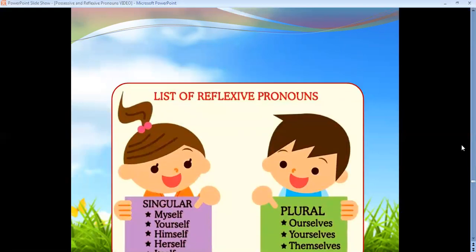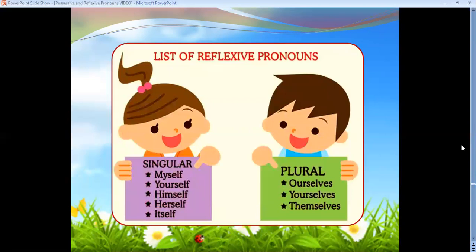Let's check the list of reflexive pronouns. As we said, we have singular reflexive pronouns and plural reflexive pronouns. Let's read the singular reflexive pronouns. Myself, yourself, himself, herself, and itself.